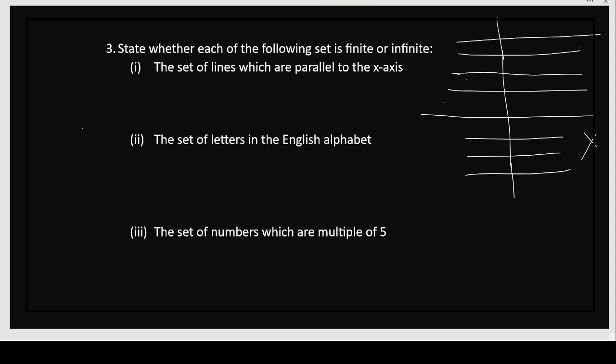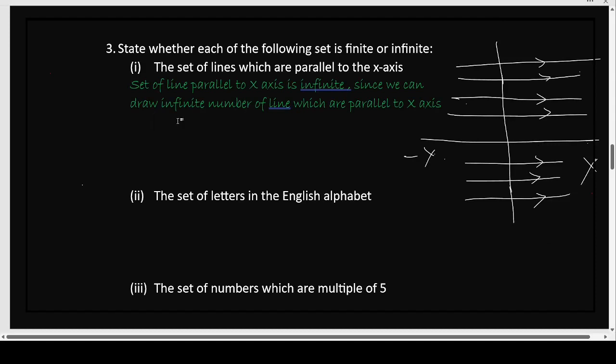You can keep drawing lines parallel to the x-axis. You can draw any number of lines parallel to the x-axis. So it is an infinite set, since we can draw infinitely many lines parallel to the x-axis.